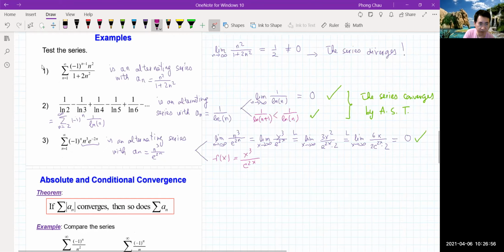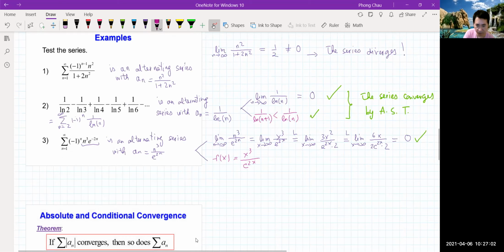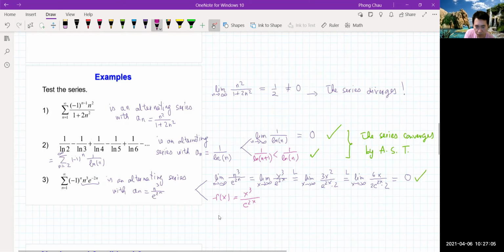And I want to make sure that this is actually a decreasing function. So to do that, you're gonna take the derivative f prime of x. This is, by the way, the quotient rule. The derivative of x cubed is 3x squared times e to the 2x, minus the derivative of the bottom, which is e to the 2x times 2, times the numerator x cubed, over e to the 2x quantity squared.